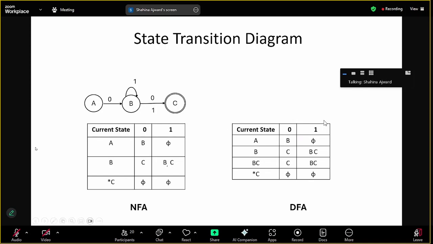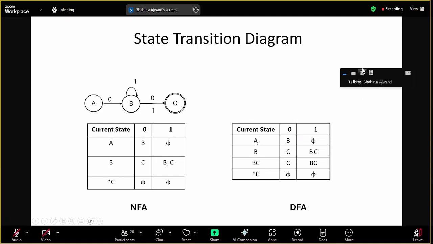Okay. Now, I have explained how to obtain this NFA table, right? So now from this NFA, we see how we can get this DFA table, right? Okay, start from the first one. We start from the start state, right? Our start state is A, right?